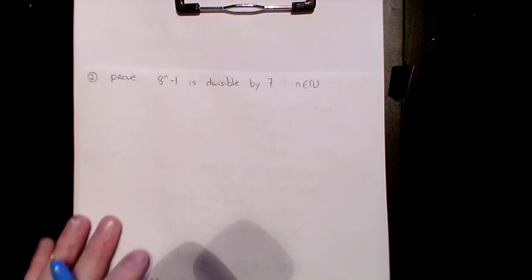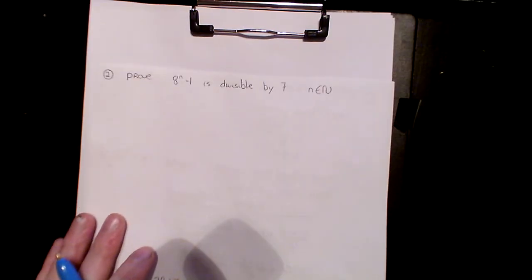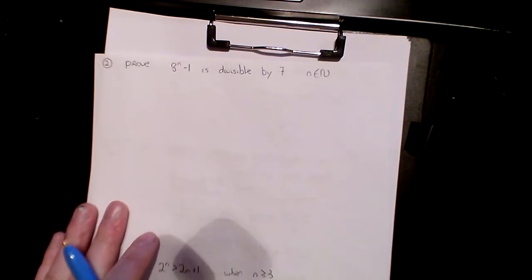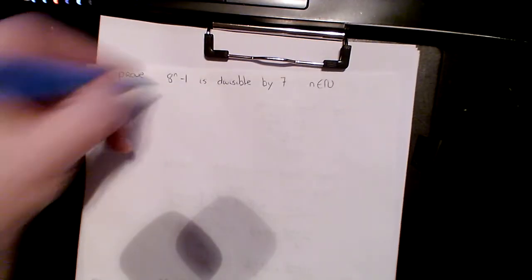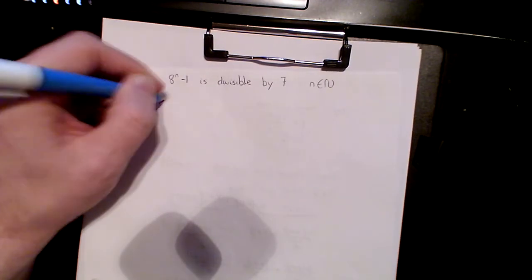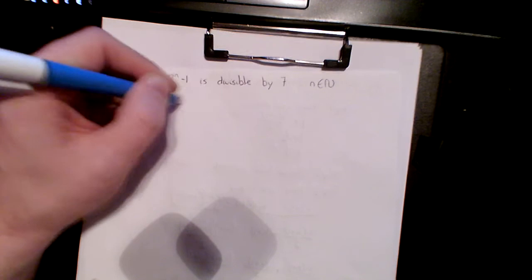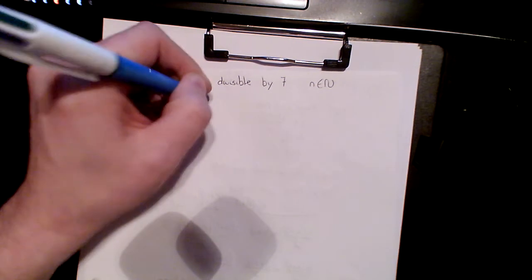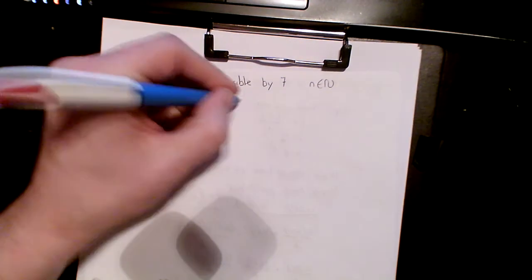Next one, prove that 8 to the power of n minus 1 is divisible by 7. Okay, so first step, prove for n equals 1.